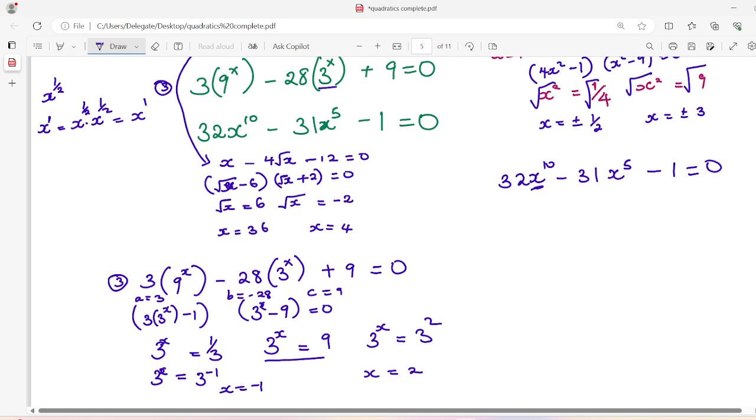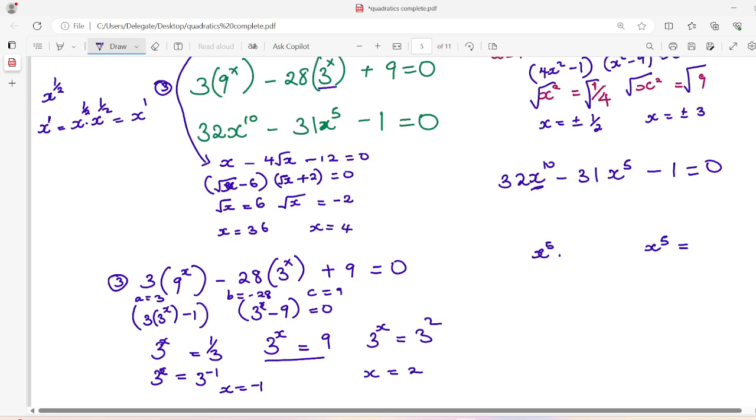So without wasting time, you can solve it, but your answers will be x power 5, and then also another one will be x power 5.